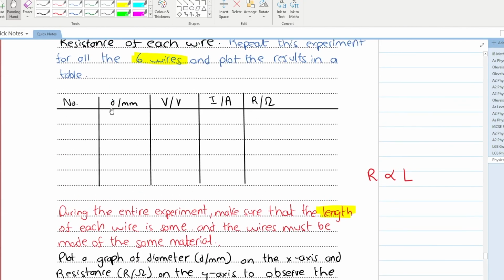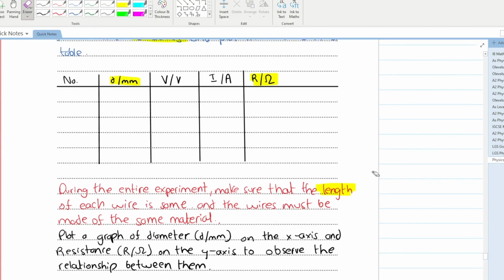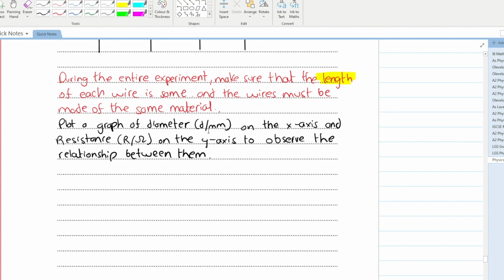You should plot a graph with diameter on the x-axis and resistance on the y-axis to see how both of them are related. Now, a curious question here might be, sir, why did you plot diameter on the x-axis and resistance on the y-axis? Because diameter is an independent variable.